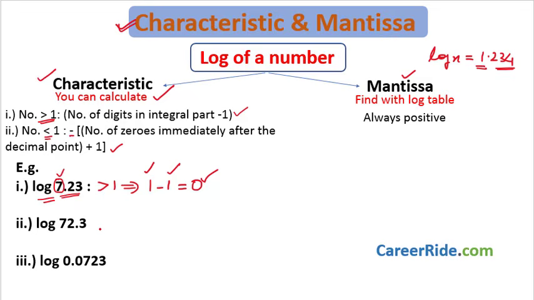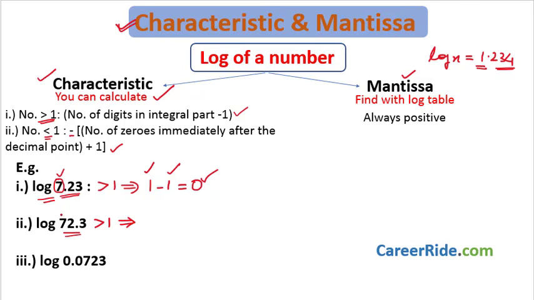Now let's go on to another example. The second example is log 72.3. What is the value of the characteristic here? First condition we have to check: 72.3 is greater than 1, so my rule number 1 will apply.